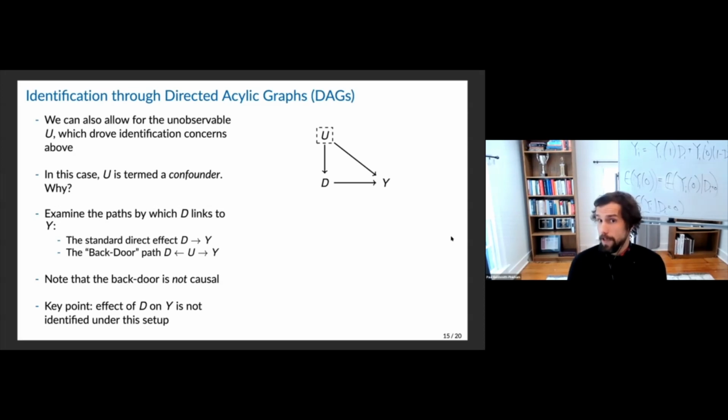That's going to cause identification concerns in the potential outcome framework, and it's going to do the same here. So in this terminology under DAGs, this U here, where I've put a little dashed box around it to indicate that it's unobserved, is a confounder, right? That's something you would use in your econometrics class, right? When we talk about running a regression where we have an omitted variable bias, that would be confounding. It would be a confounded regression.